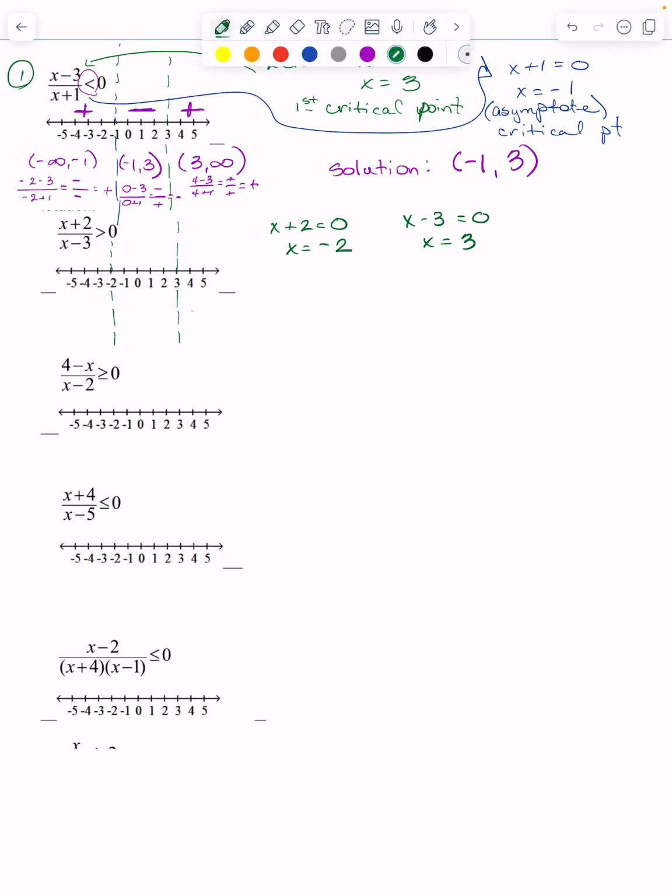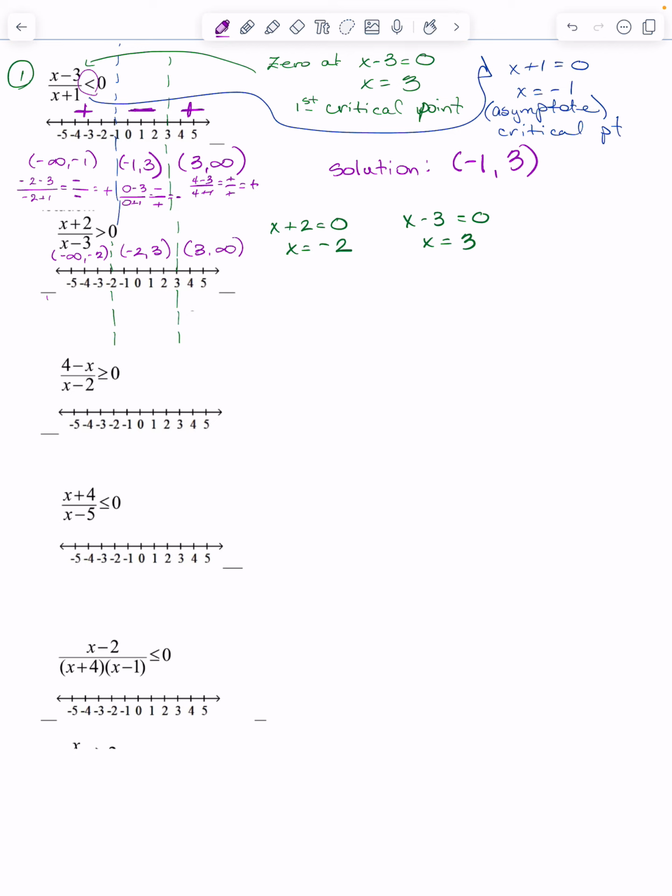So here are my intervals. I got the interval from −∞ to −2, from −2 to 3, and from 3 to ∞. Again, strictly greater than 0, so I can't use the 0, so everything's going to be parentheses.